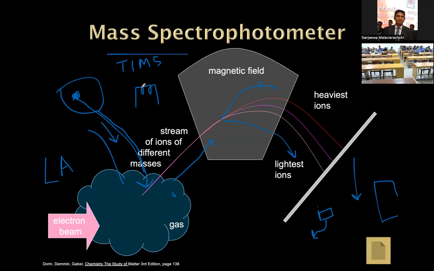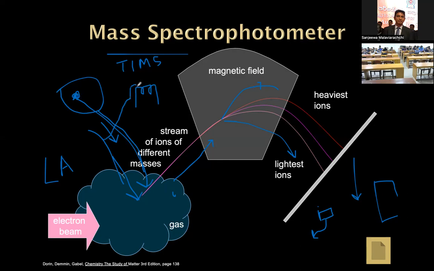But there is another way which has been used mostly in zircon evaporation. This solution, instead of sending into this type of mass spectrometer, can be sent to TIMS where you have a filament.